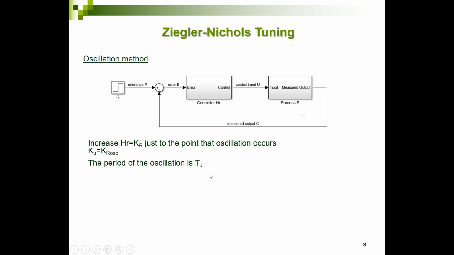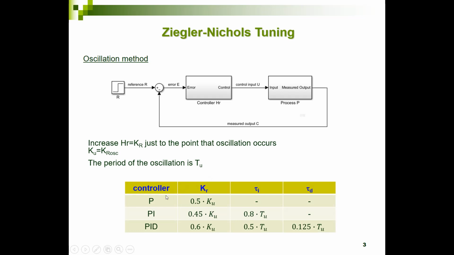And based on that, we can derive a set of parameters for setting the Kr proportional gain, the tau I, which is the integration constant, and the tau D, which is the derivative constant, so of the differentiator. Well, how do we do it? Suppose we want to use a P controller. Then we set the value of Kr to 50% of Ku, the value at which the system started to oscillate.